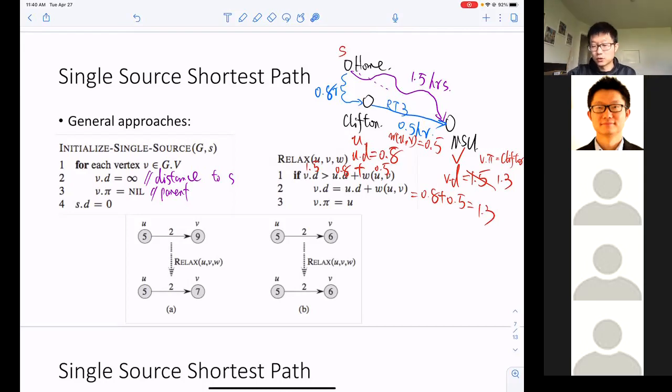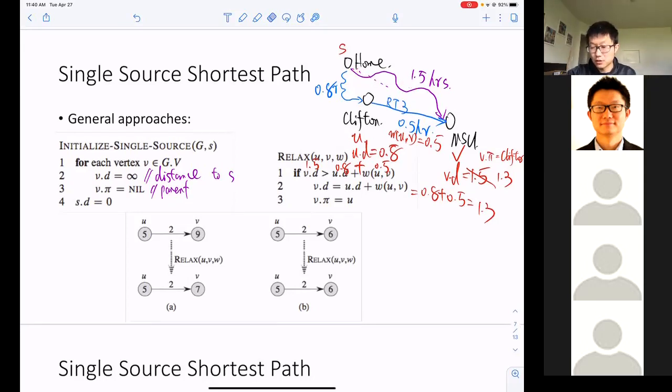Otherwise, we stick to the original route. So for example, if this road is not 1.5 hours, it's just 1 hour, we definitely stick to the purple route. Okay, make sense?